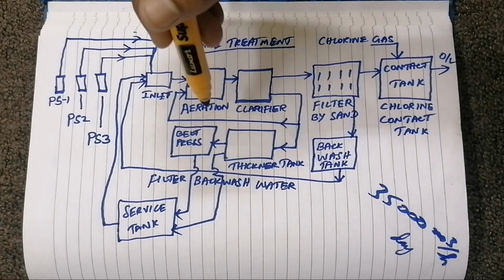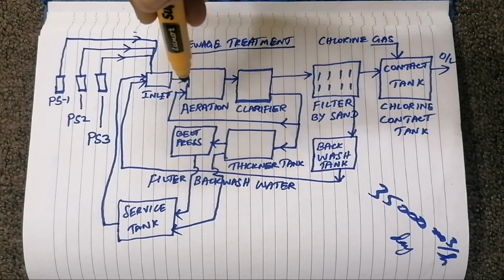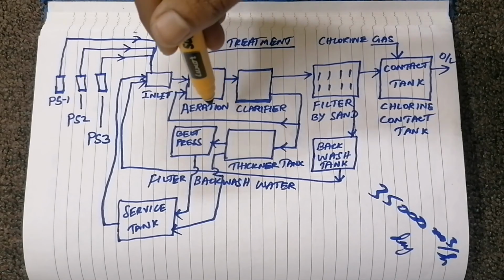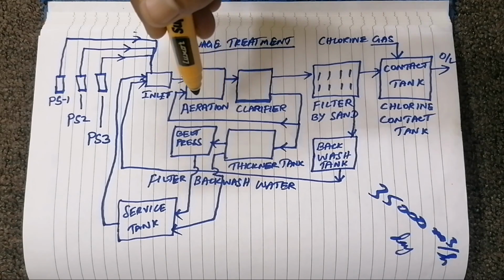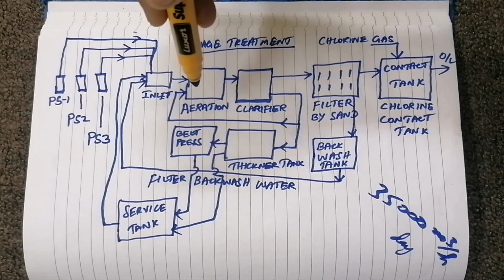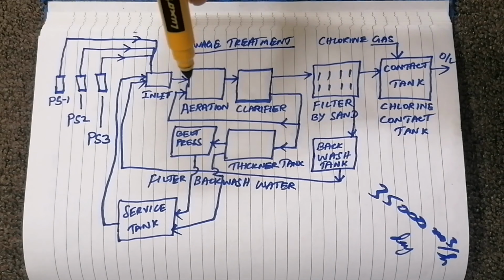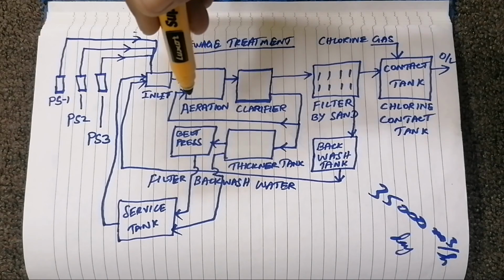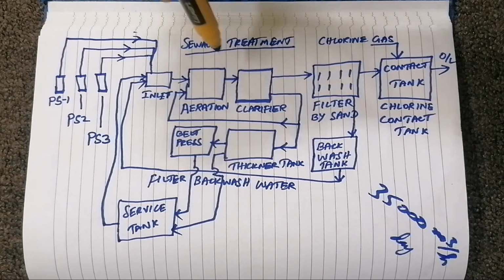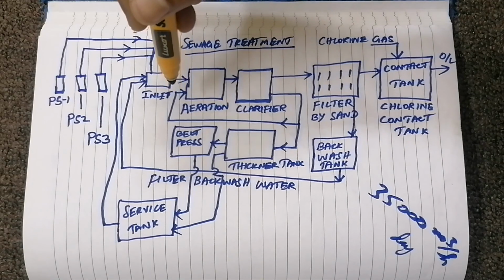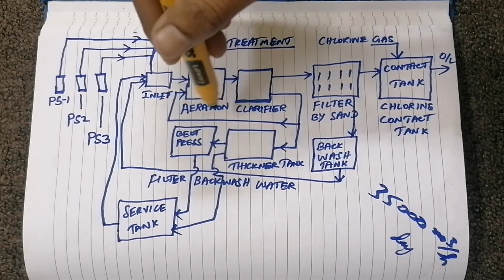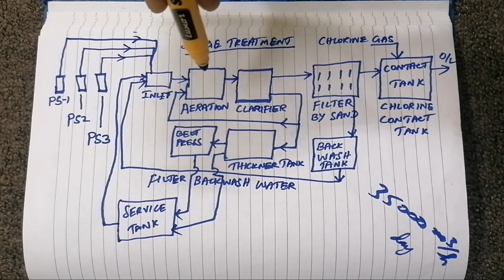Once the ammonia reacts with the oxygen in the air, there are two bacteria available in the water, called nitrosomonas and nitrobacter. These bacteria convert the ammonia into nitrate.